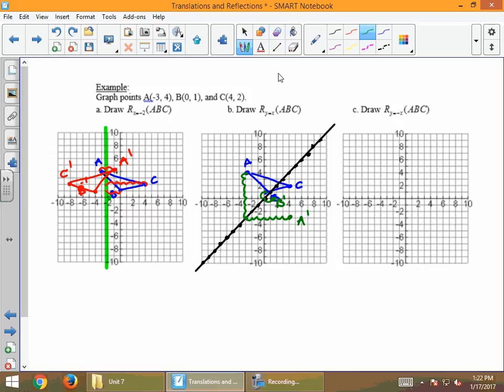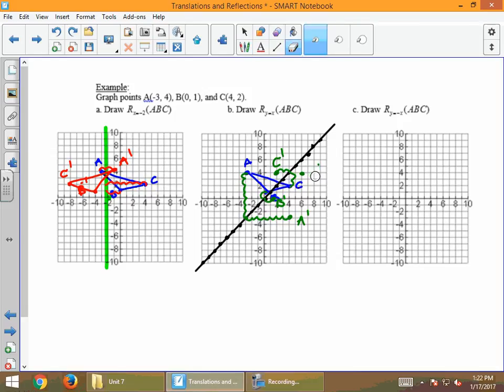And then for C to touch that line, are we going to count up or down? Up. How far do we count up? Are we going to go right 2 or left 2? Because again, we want that line to be in between our 2 points. If we went right 2, these are on the same side, the line's not in between them.